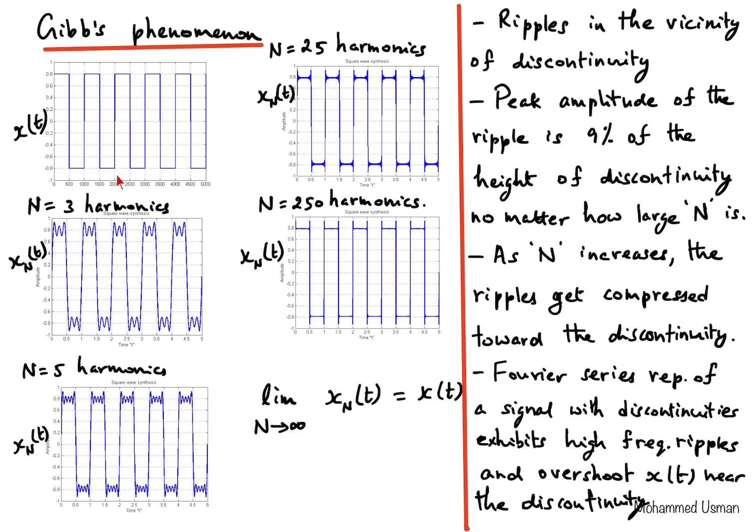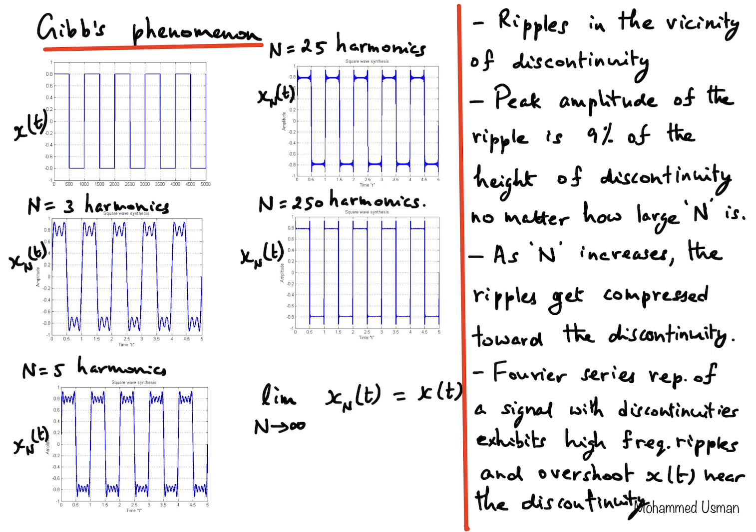If we add more and more harmonic components in the Fourier series, so that's 3 harmonics, now I've added 5 harmonics at the bottom here, here we have the synthesized waveform with 25 harmonics, and here with 250 harmonics.